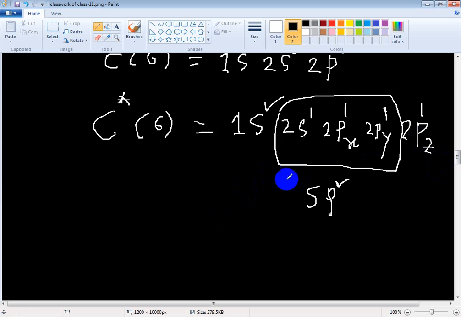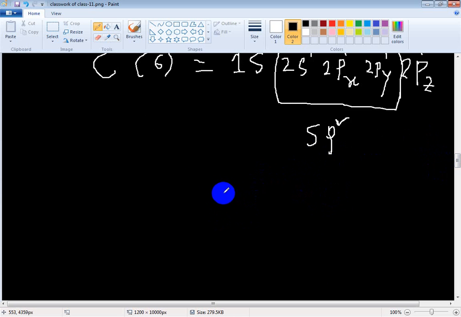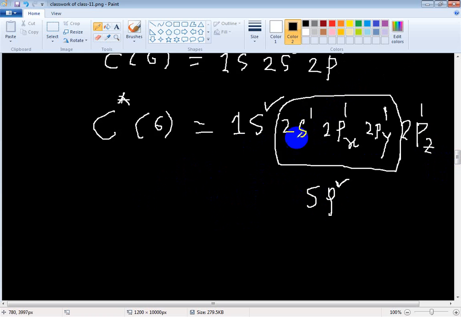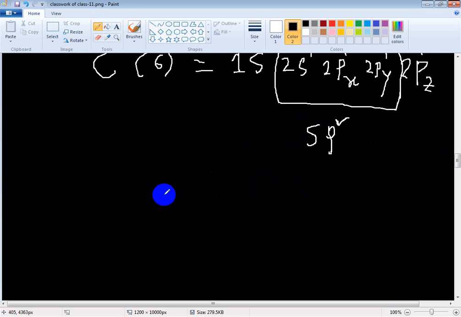So in benzene, carbon is sp2 hybridized. How is this sp2 hybridization formed? One s orbital and two p orbitals. We know the s orbital is spherical, and the p orbital is dumbbell shaped.